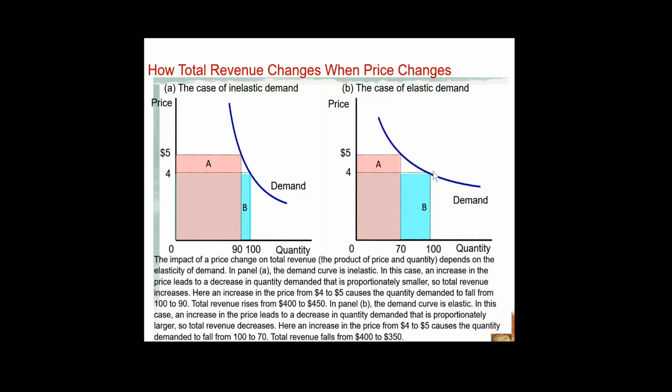And in the case of the elastic demand, the contribution of the increment in the price does not surpass the decrement from the fall in the quantity demanded. So the reduction of the total revenue due to the fall in the quantity demanded surpasses the increment of the revenue due to the increment of the price.